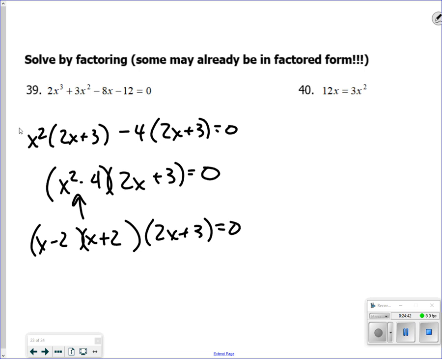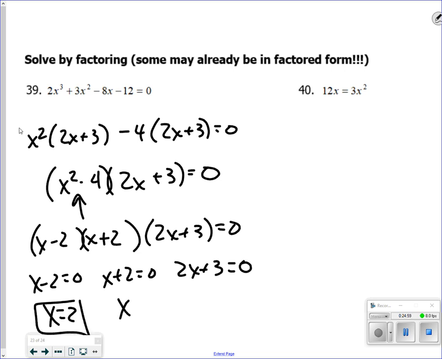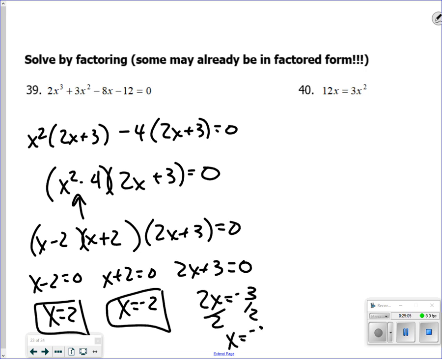So x and x, 2 and 2, one's plus and one's minus. That's the factoring portion of this. Now let's get into the solve question. I set the factors equal to 0, and I solve. So I add 2 to both sides, subtract 2 from both sides, and get x is equal to -3/2.